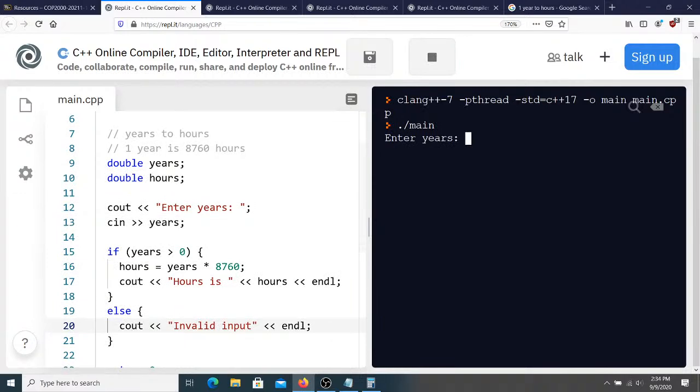Nothing super interesting about this example. I just wanted to make sure you remembered how to do comparisons that are greater than 0, because it'll lead us into our next example. Just kind of a review, I guess, if nothing else.